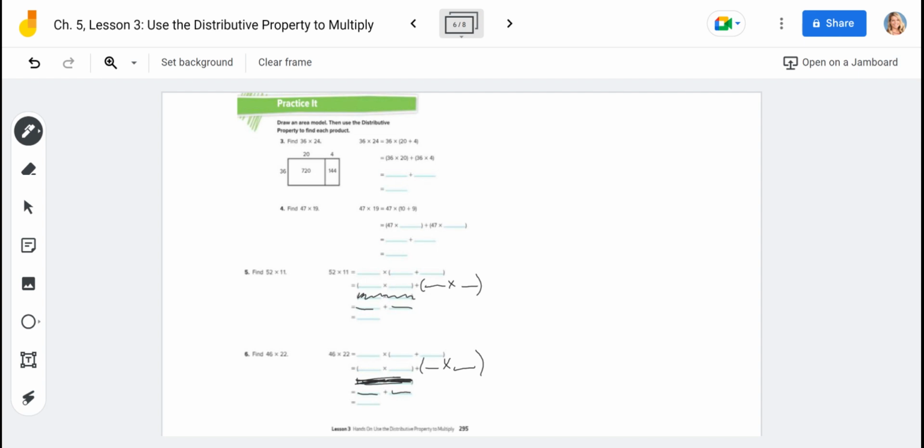On this one, I want you to change the color, keep 52 the same, and decompose 11. All right. On this next one, I want you to keep 46 the same and decompose 22.